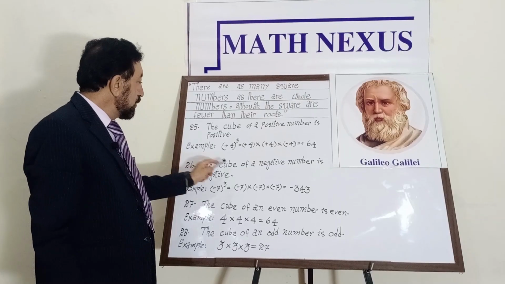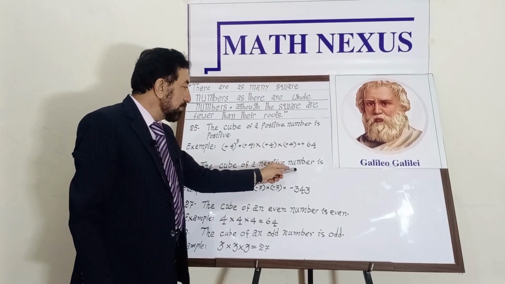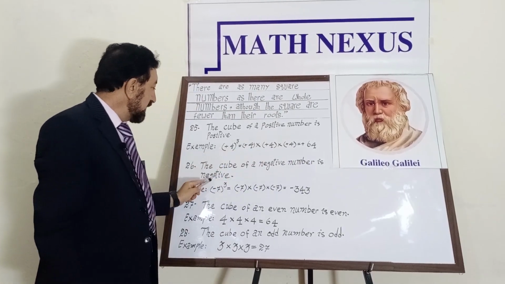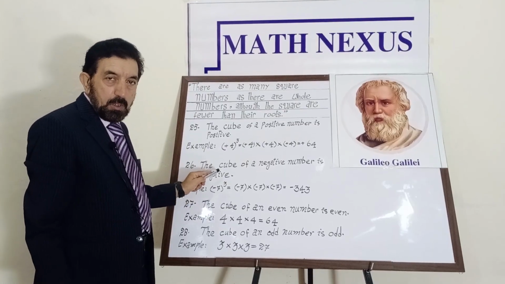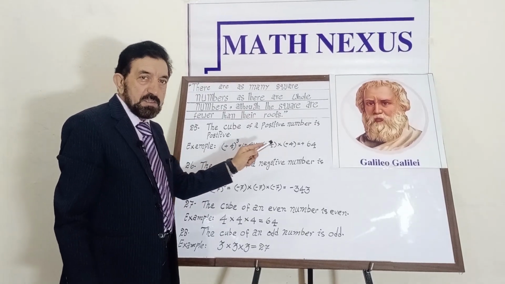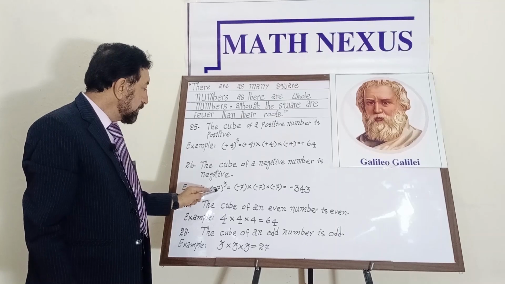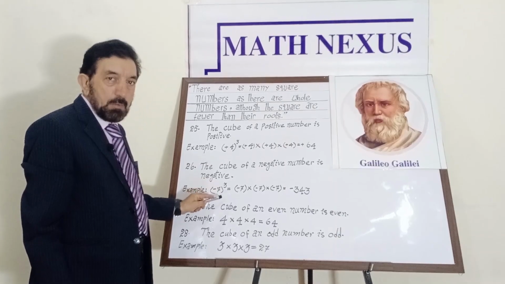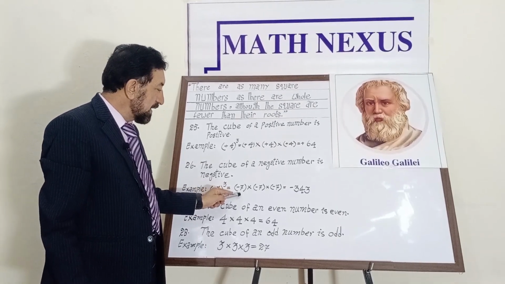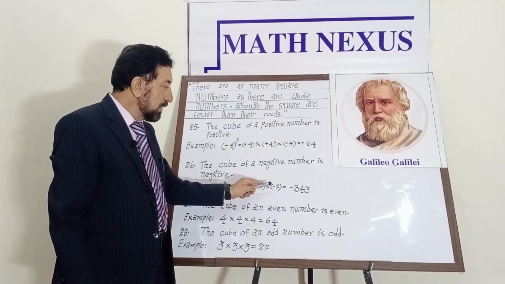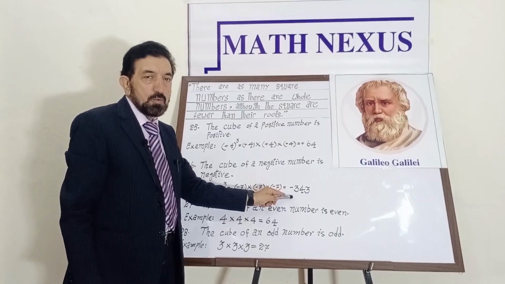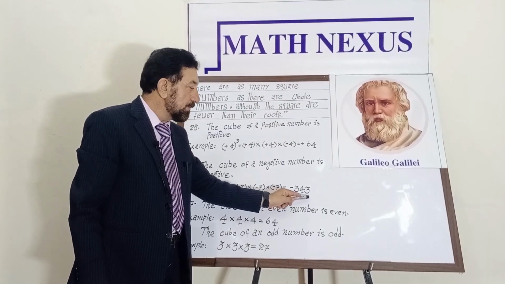Rule 26. The cube of a negative number is negative. Example, minus 7 power 3 equals minus 7 into minus 7 into minus 7 equals minus 343.